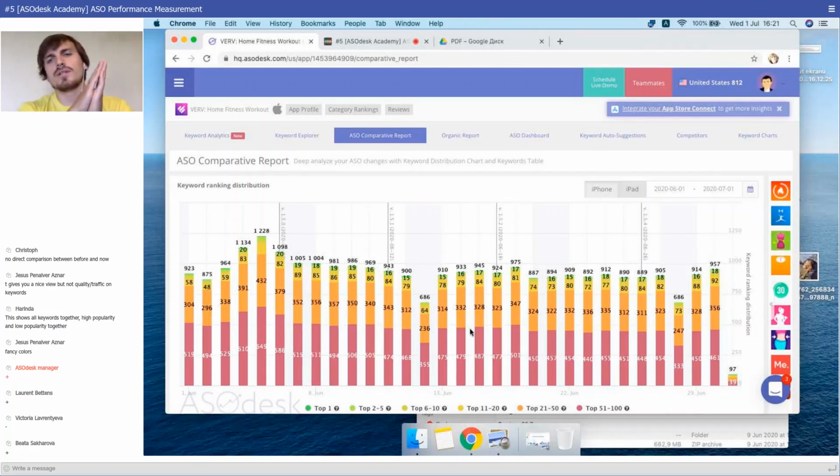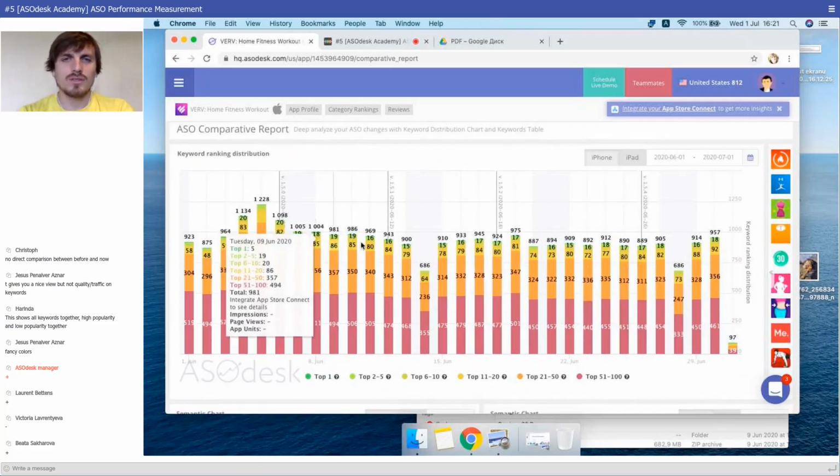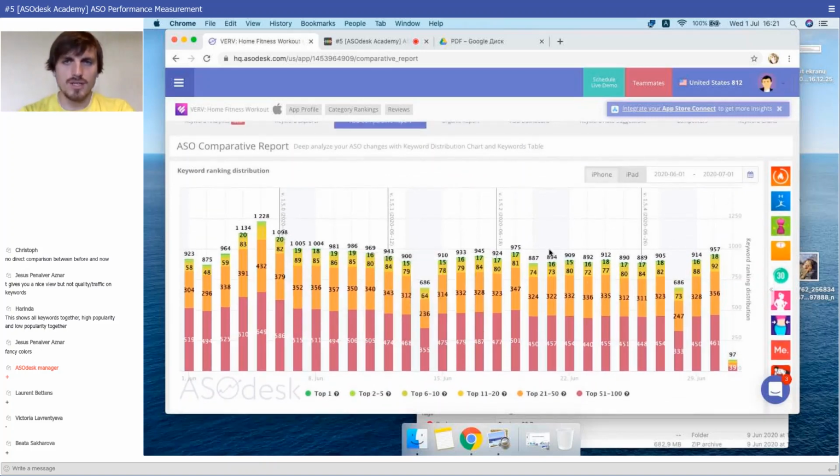Let's follow the same process of efficiency measurement as I outlined in the presentation. First, let's check out our external quantitative metrics. We see that in June, Verve has made 4 iterations.